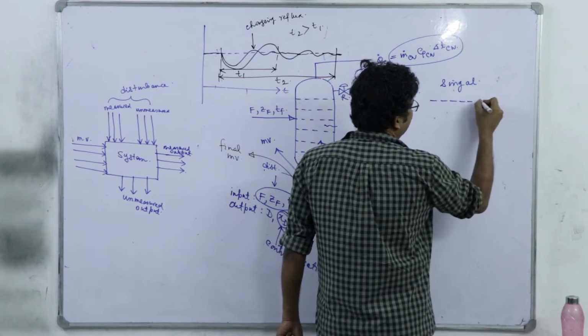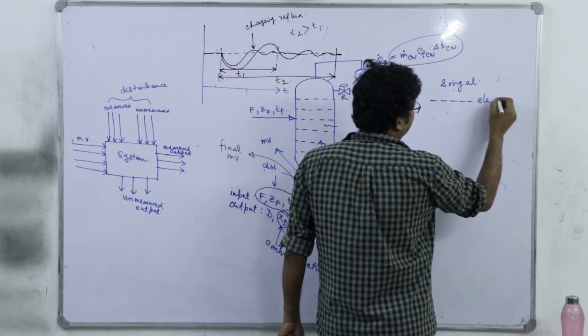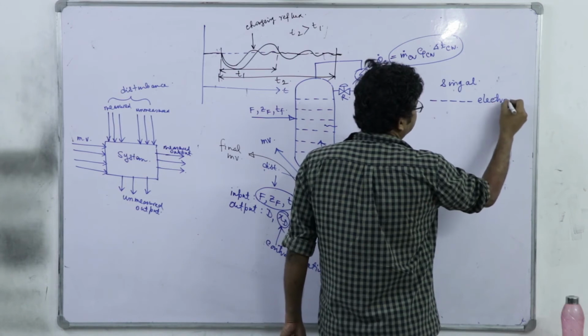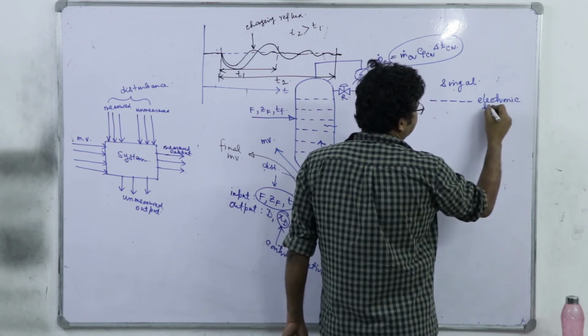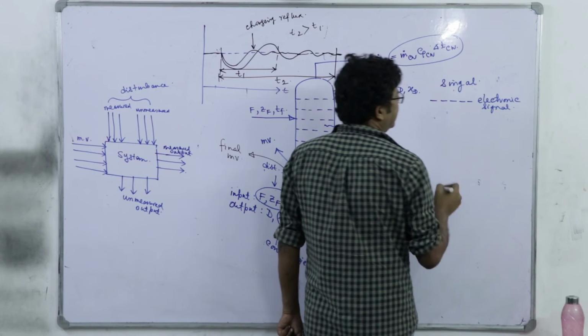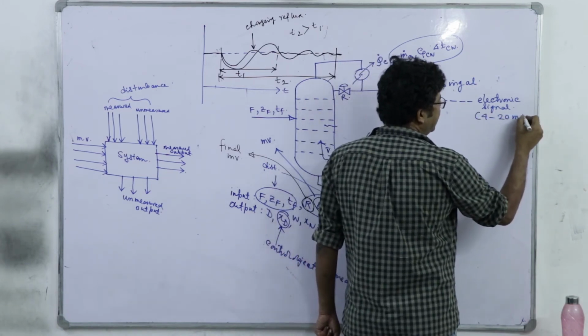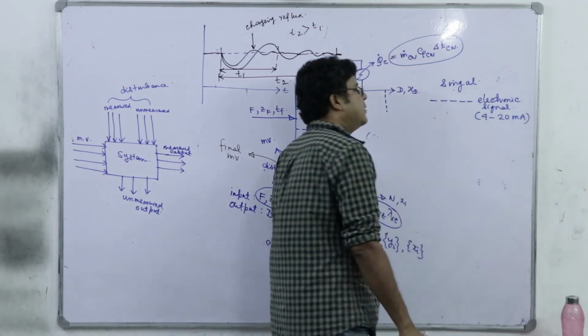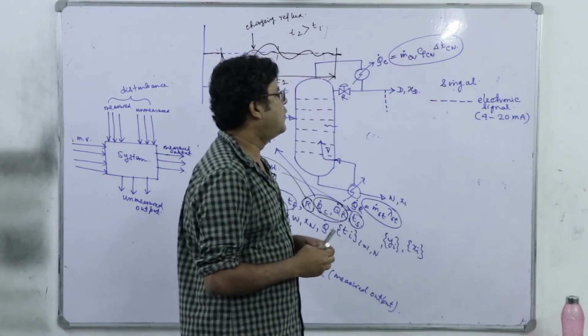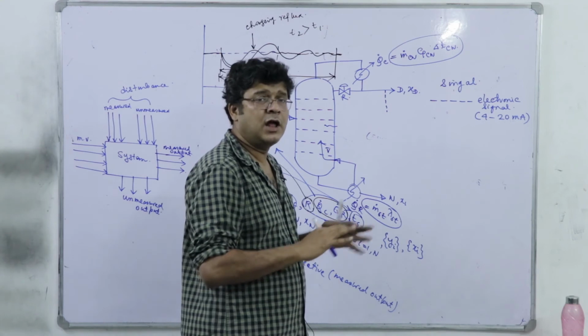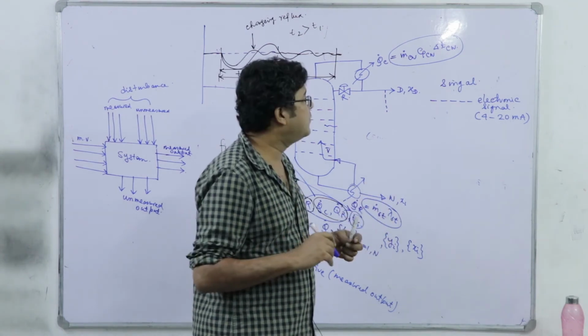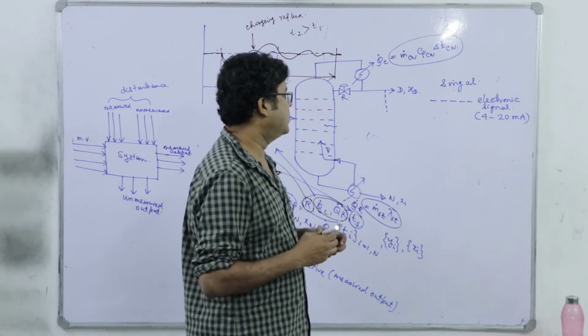This dotted line schematically indicates an electronic signal, right, and the standard range is 4 to 20 milliampere. For all signals it will be ranging from 4 to 20 milliampere.